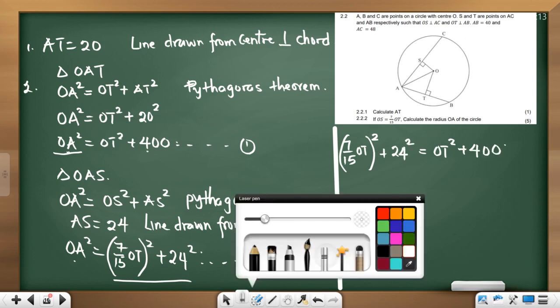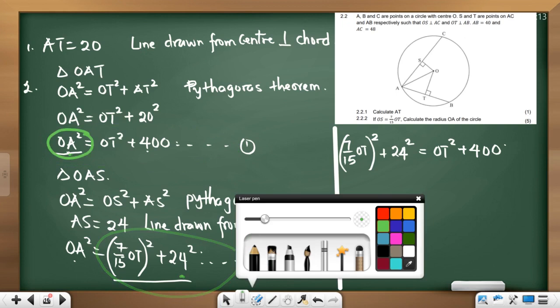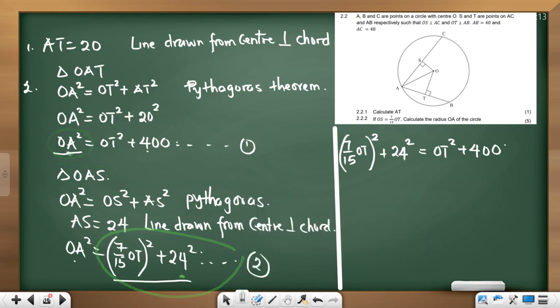Let me quickly re-explain that. Somebody might just look lost. This is my equation. But what is OA squared? OA squared is that. So instead of writing this OA squared, I am writing that. If you notice, the only variable I have left is OT squared. Let's simplify.